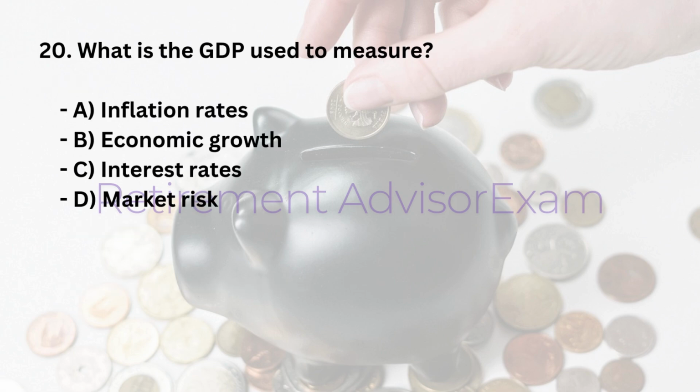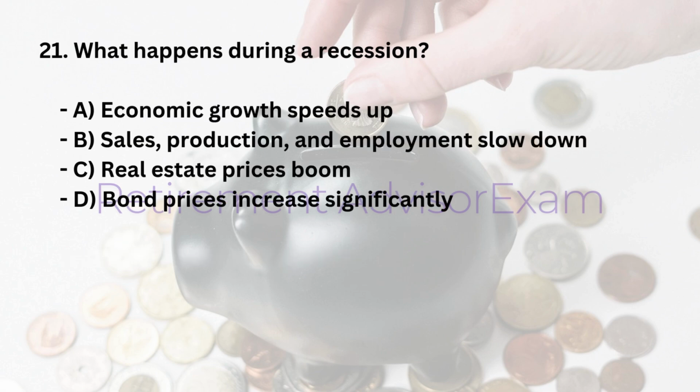Commodities. 20. What is the GDP used to measure? A. Inflation rates, B. Economic growth, C. Interest rates, D. Market risk. Answer: B. Economic growth. 21. What happens during a recession? A. Economic growth speeds up, B. Sales, production, and employment slow down, C. Real estate prices boom, D. Bond prices increase significantly.